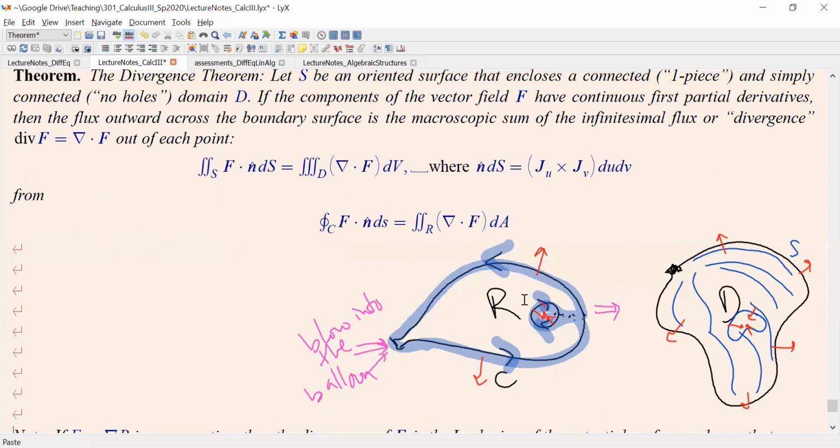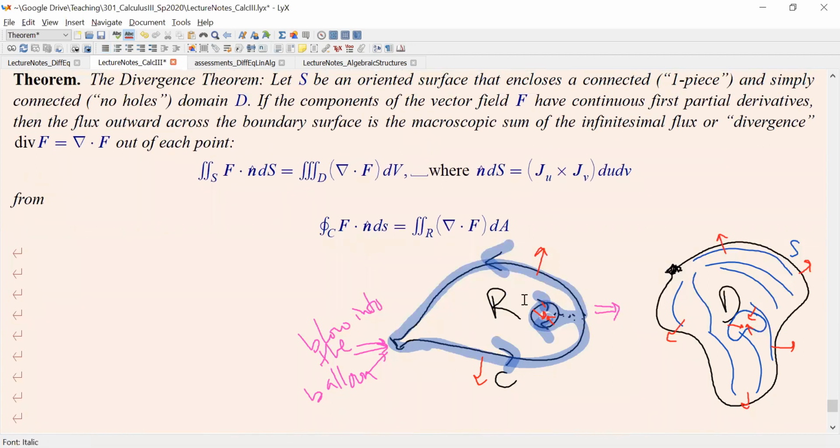So we have an oriented surface S that encloses a connected and simply connected domain, one piece, no holes, or if there are holes, we just surgically cut into them to preserve a single boundary around it.